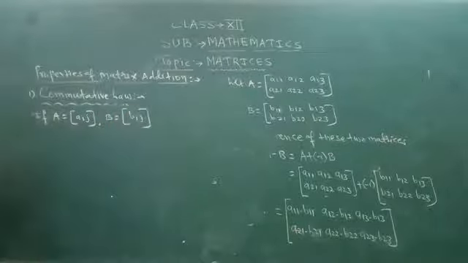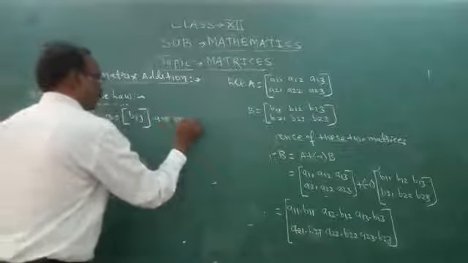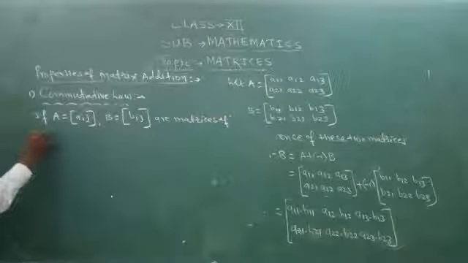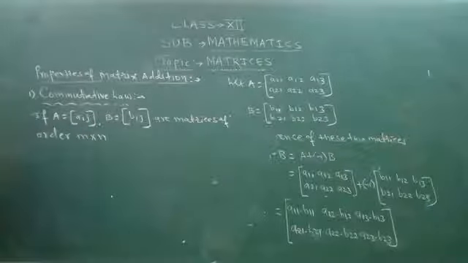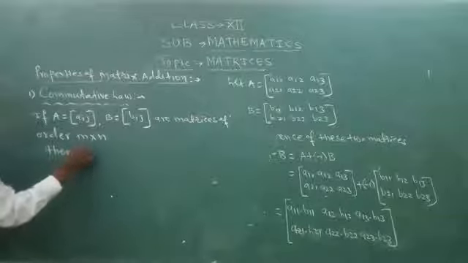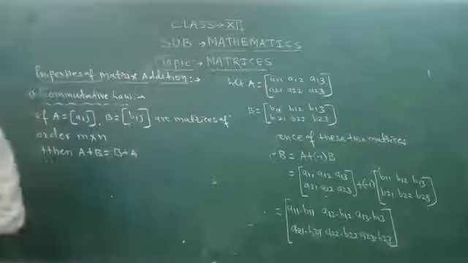These are two matrices of order m by n. Then A plus B equals B plus A.